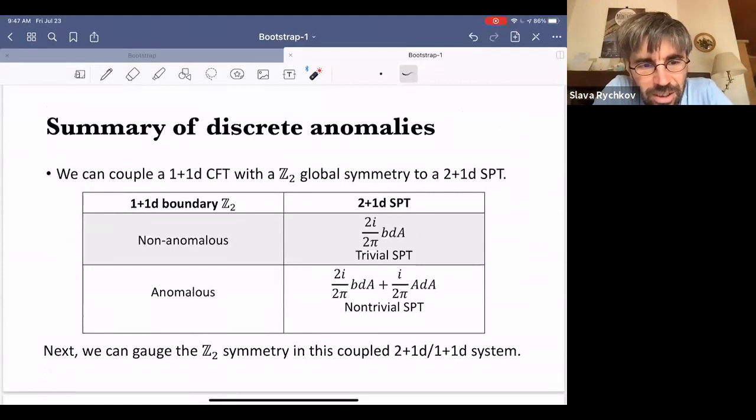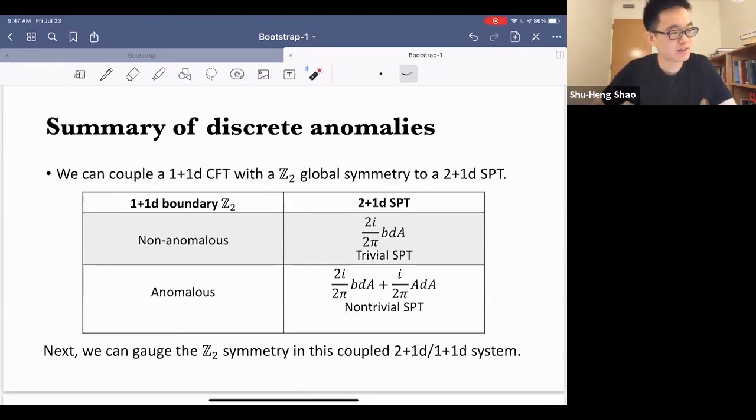For example, you know that if this condensed matter system has the description that you wrote, in terms of this Z2 gauge theory in 2+1, then when you cut it, on the boundary you should find some theory which has a Z2 anomaly. Is this correct? Am I reading this correctly?